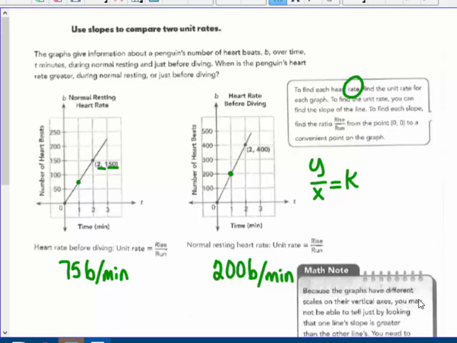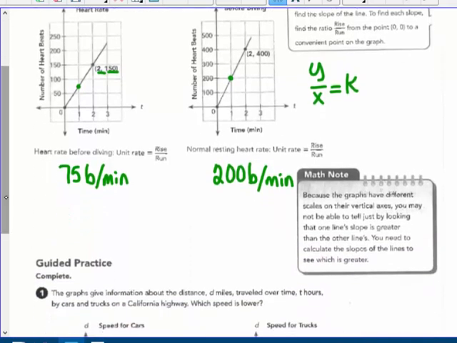And the way I could also do it is to do this little math ratio here, which says the rise over the run. How the line rises, going up or down the y-axis, because it could fall, over how it runs across the x-axis. So it's going up 150 and going over 2, which also gives me that 75 beats per minute.